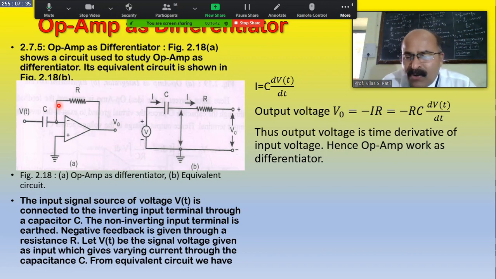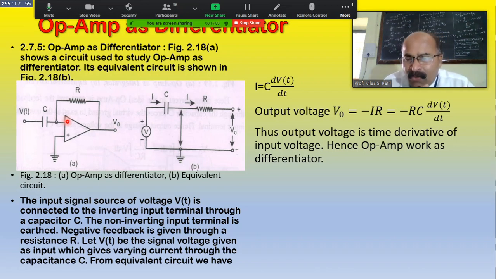Here, a fraction of the output voltage is connected through the feedback resistance capital R back to the inverting terminal, shown by the negative sign.